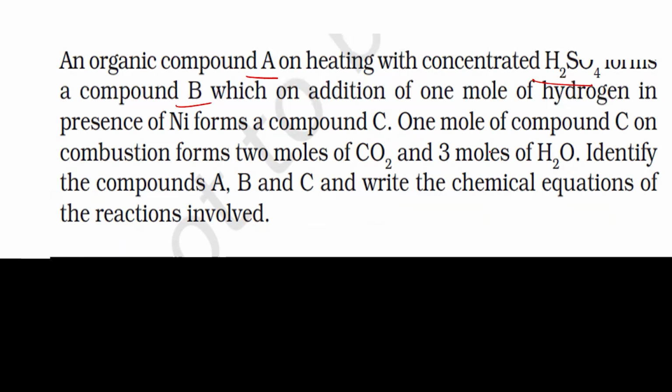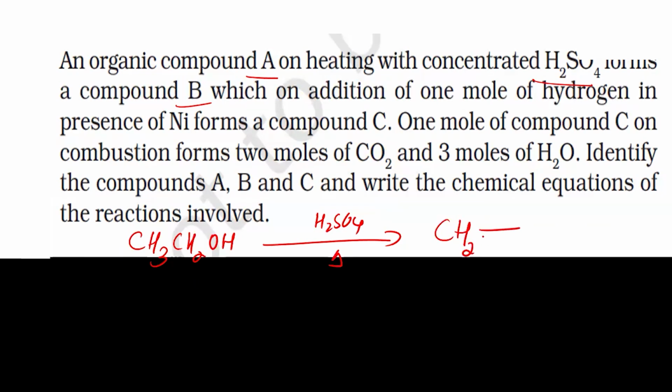Then identify the compounds A, B, C and write the chemical reactions involved. So first one will be what? Alcohol, right? Which alcohol will that be? Yes, it will be ethanol, that is CH3CH2OH. Ethanol when heated with H2SO4, you will be getting CH2=CH2.